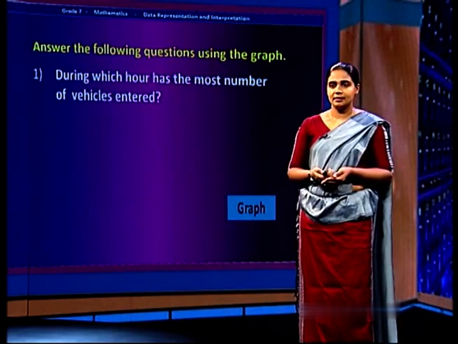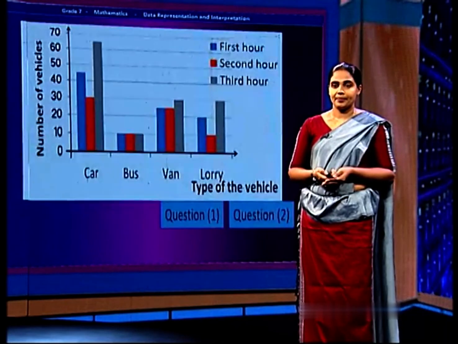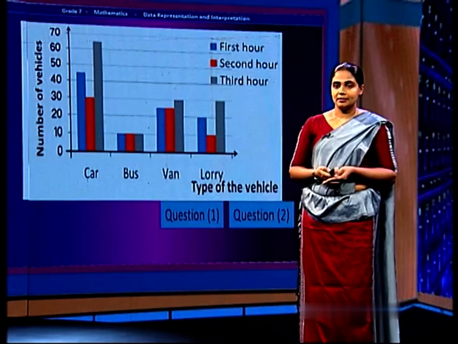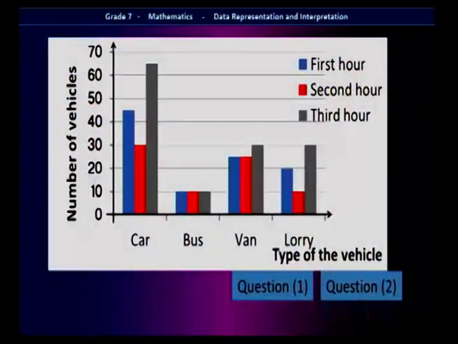In which hour? Then we should go to the graph. First or second or third? Then what is your answer? You can think of the answer and I can show my answer. Then select your answer and check. You can know yourself whether your answer is correct or not.